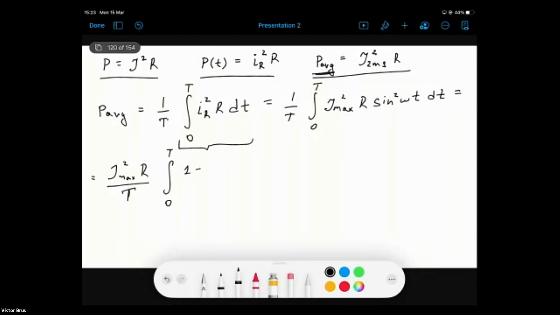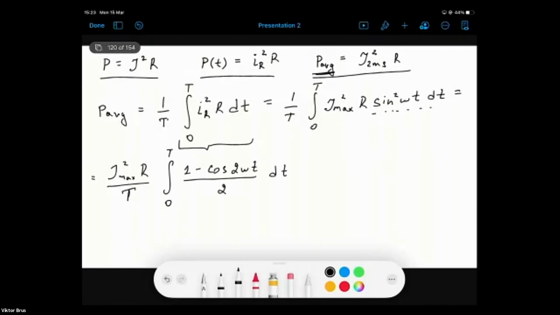So here we want to represent sine square omega t in a different form according to a trigonometric identity in order to solve this integral. So sine square omega t is equal to 1 minus cosine 2 omega t, divided by 2, dt.